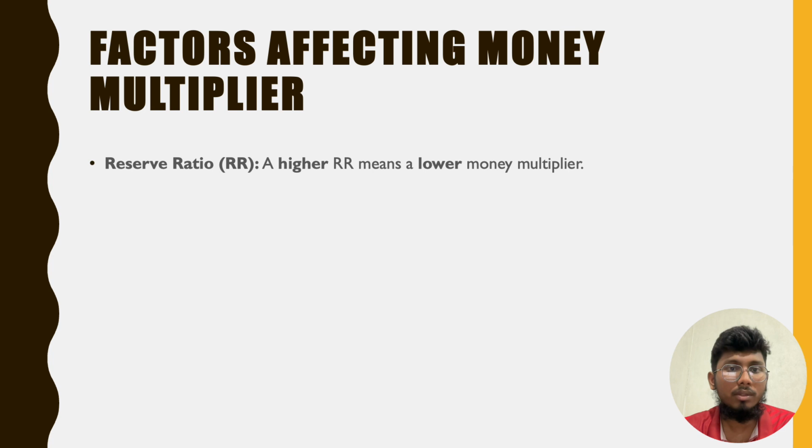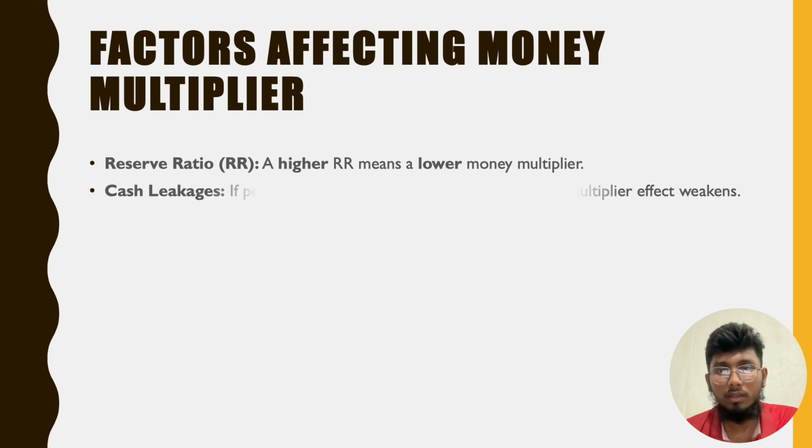A higher reserve ratio means a lower money multiplier. That means if the reserve ratio is higher, then the money multiplier must be lower. It's a reverse relation.